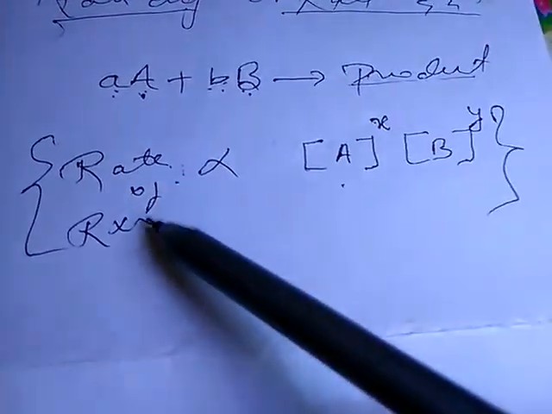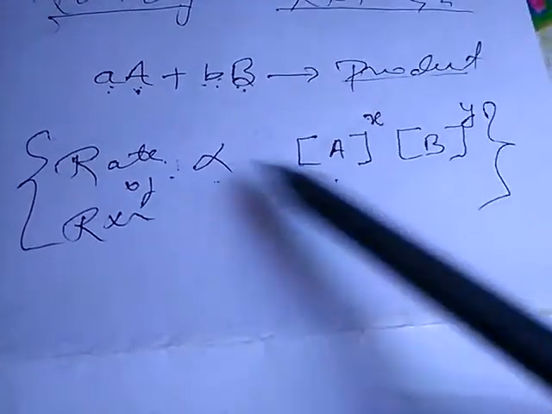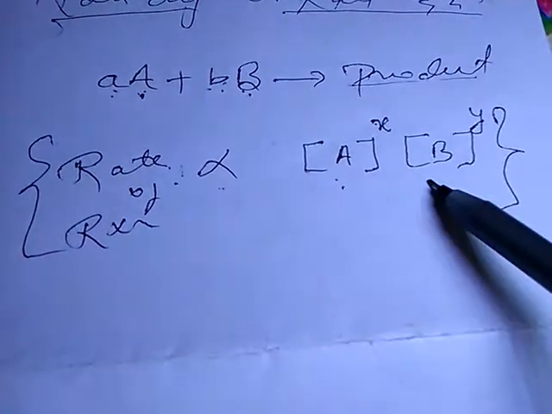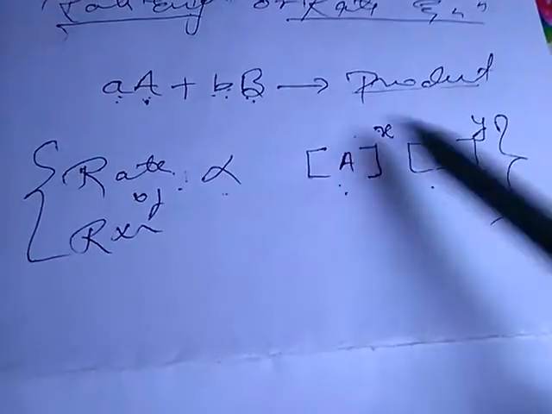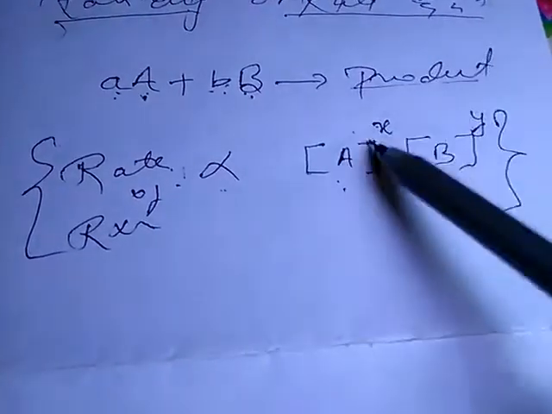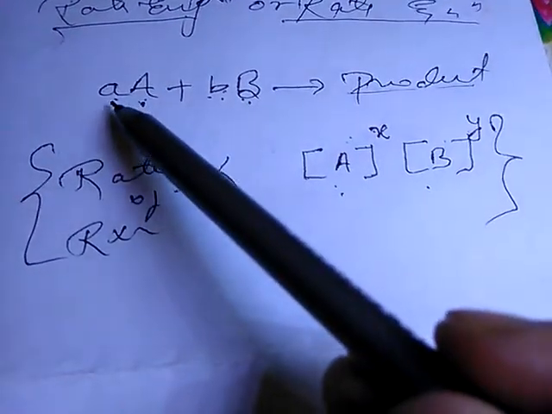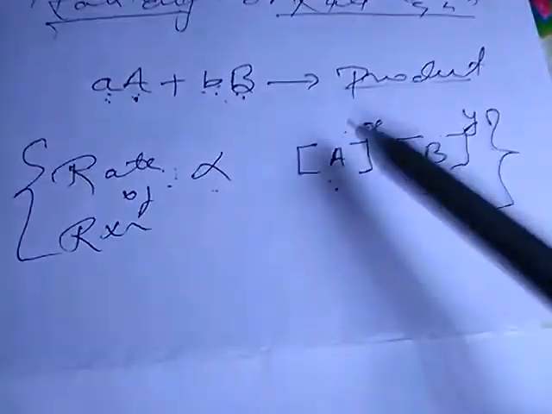Rate law simply tells that the rate of reaction is directly proportional to the concentration of the reactant raised to some power, and this power may or may not be equal to the stoichiometric coefficient. It may be equal, it may not be.